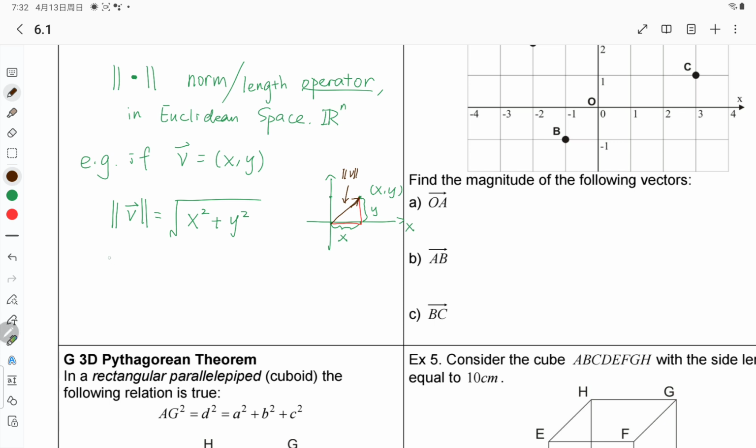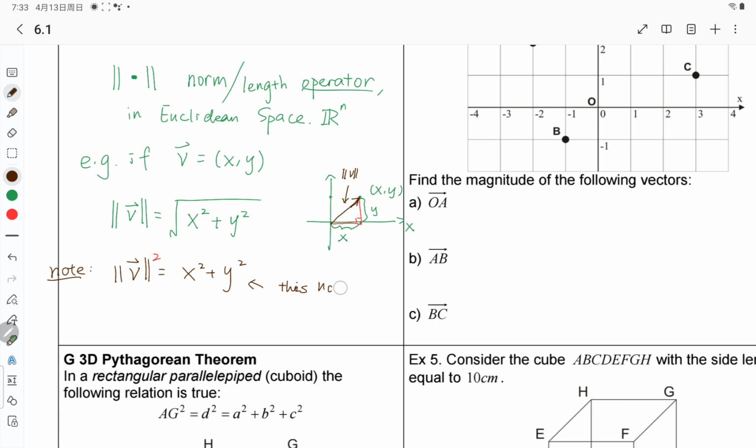Note that for v, the norm square is just x squared plus y squared, right? So this just feels very natural to you, isn't it? And notice that this is a norm square.